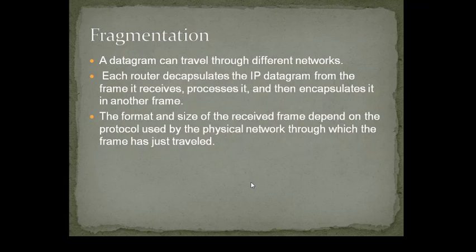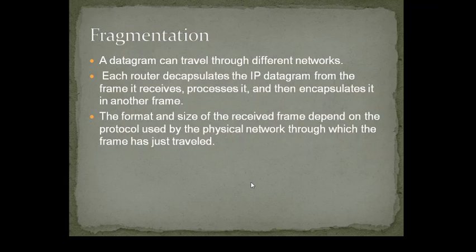So the capacity of the next network will definitely affect the data size. If we have received a larger data size, and the network on which we are going to send is of a different kind, where the data size should be small, in that case we will have to fragment our data.